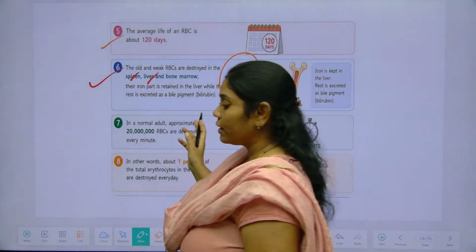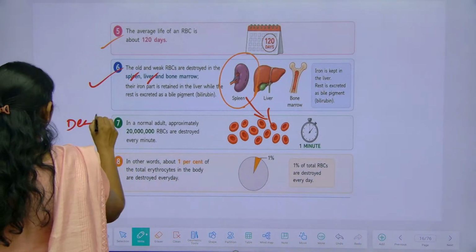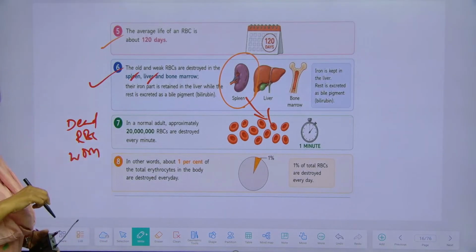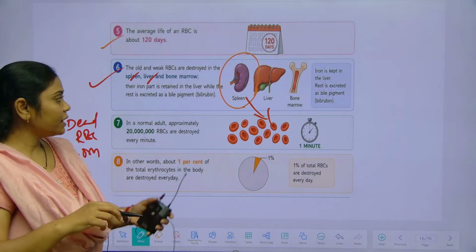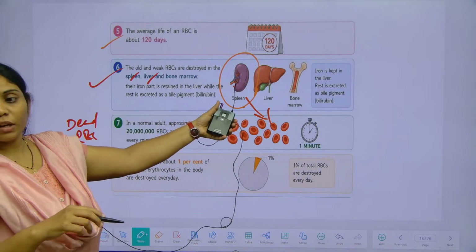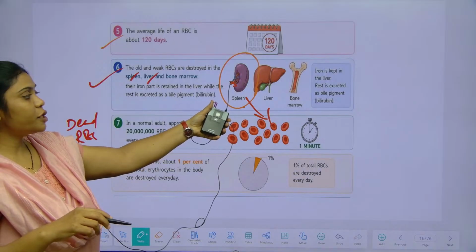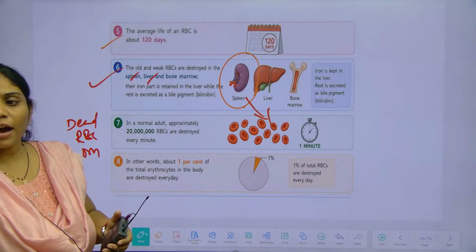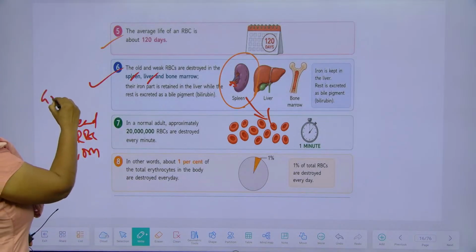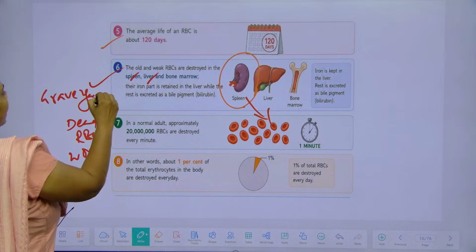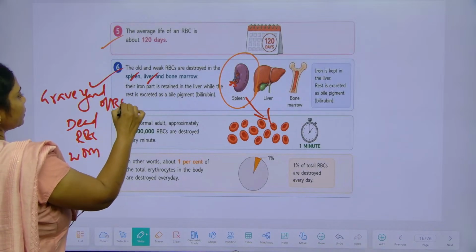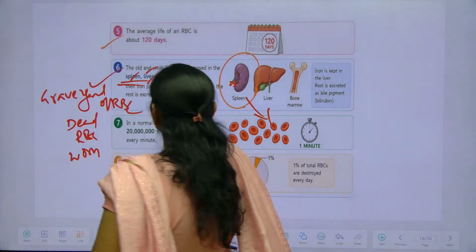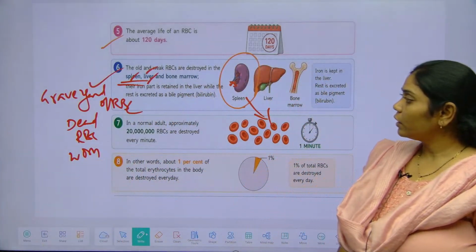As I said, the dead RBCs, or the weak RBCs, after death will go and be destroyed in the spleen. That is called the burial ground, the graveyard of RBCs. Graveyard of RBC is what? Spleen. Clear? And also in some other parts, that is the liver.